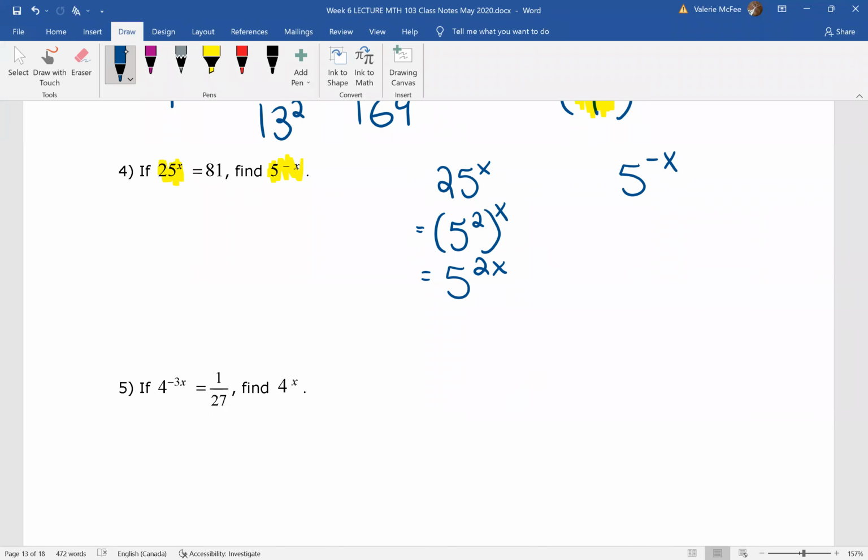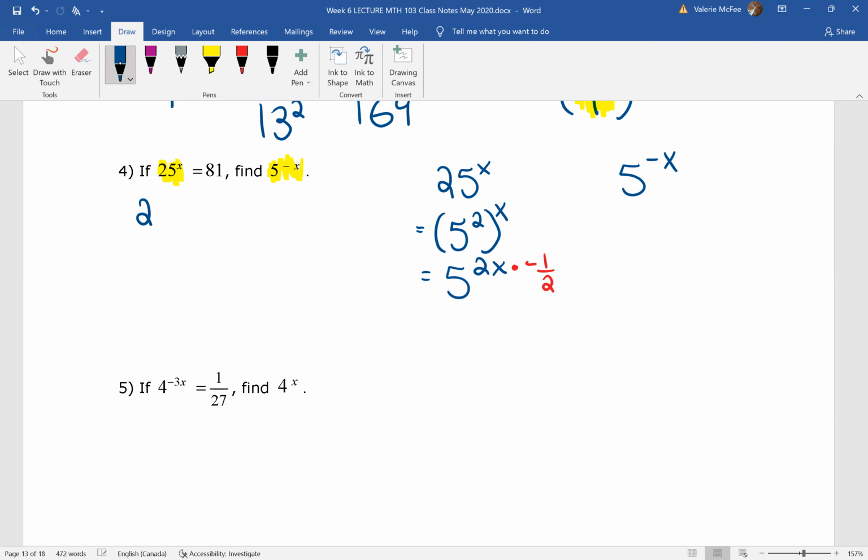So the question is, how do I get from 5 to the power of 2x to 5 to the power of -x? I know if I multiply by -1/2, I would have 5 to the power of -x.